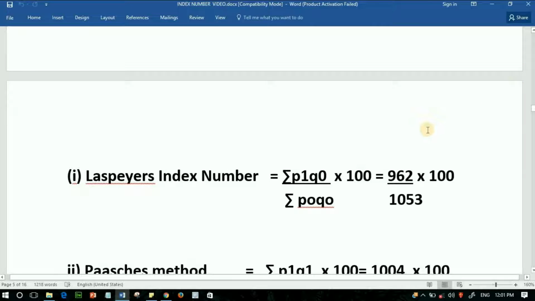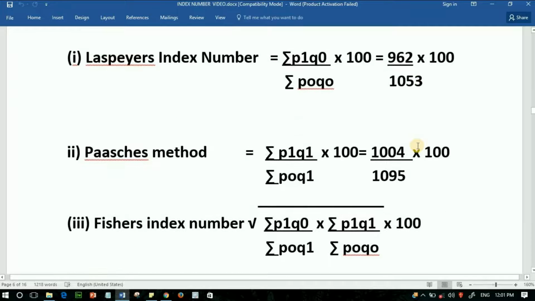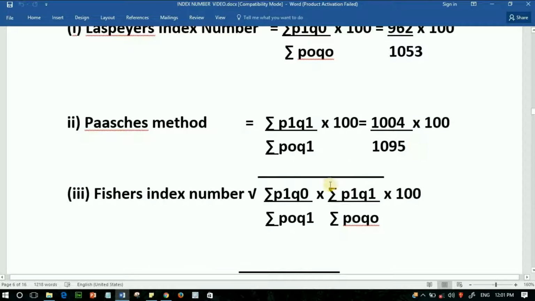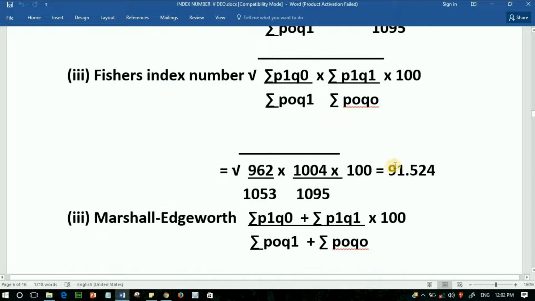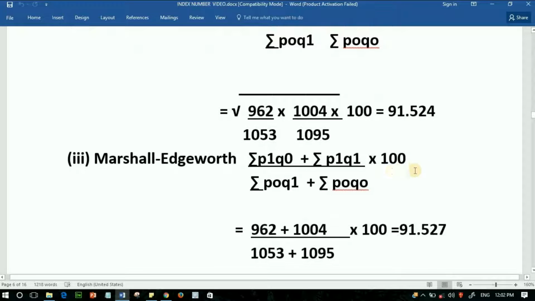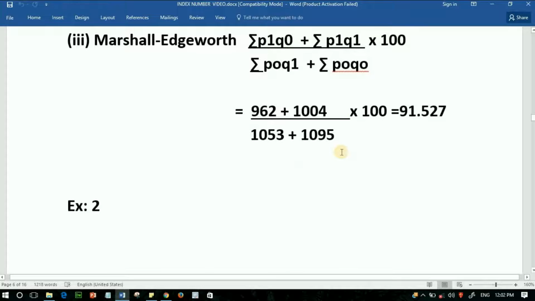We get 962 by 1053 into 100. For Paasche's method, we simply apply the formula. And for Fisher's index number, sigma P1 Q0 by sigma P0 Q0 into sigma P1 Q1 by sigma P0 Q1, take the square root and multiply with 100. So the answer is 91.524. For Marshall-Edgeworth, similarly applying the formula, we get 91.527.